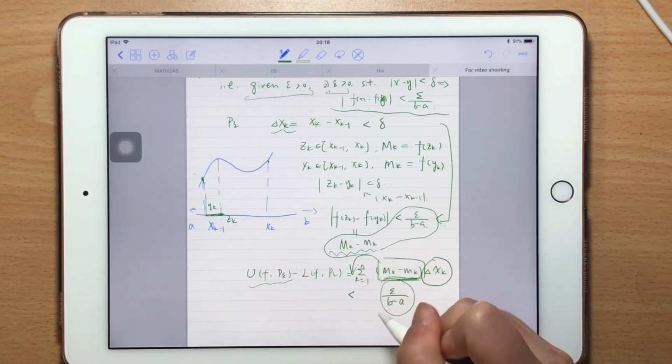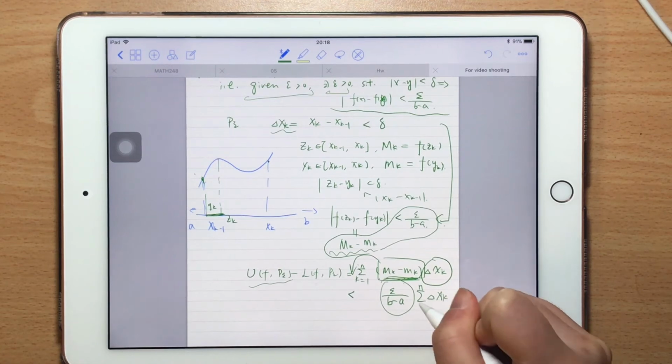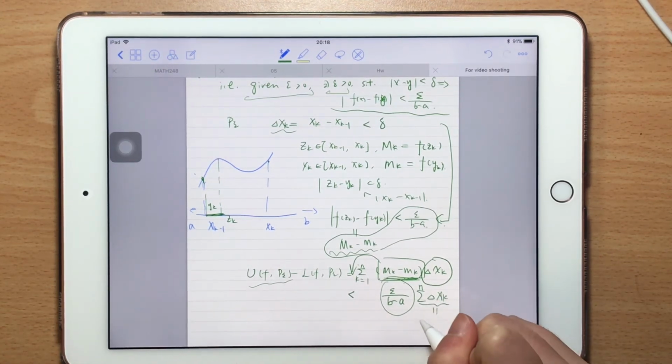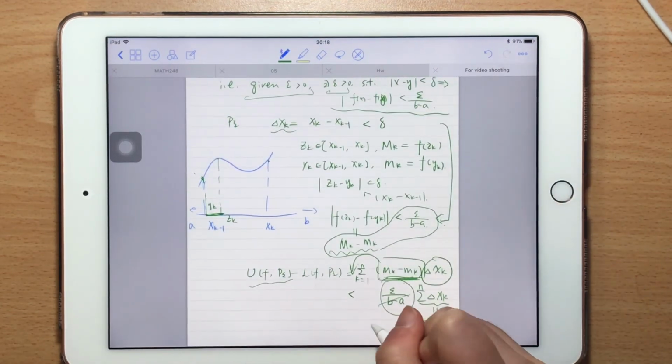If we take this constant outside, the only thing left is the sum of delta xk, which is equal to b minus a. Then b minus a cancels. This is epsilon.